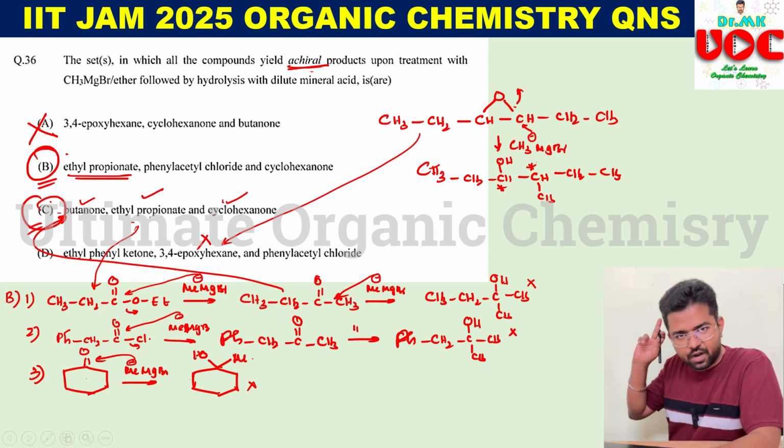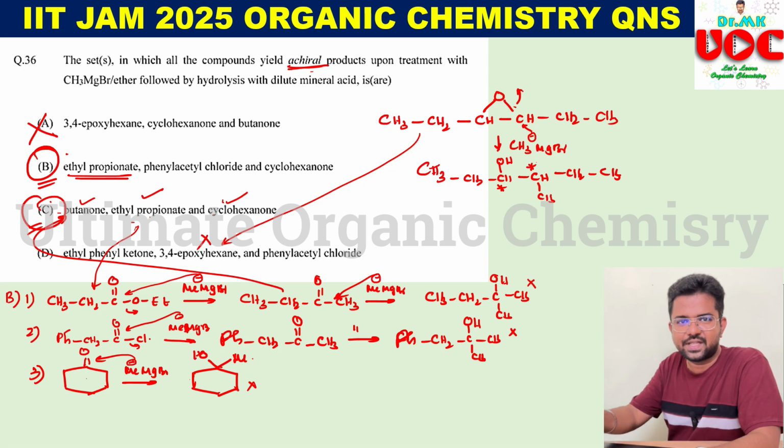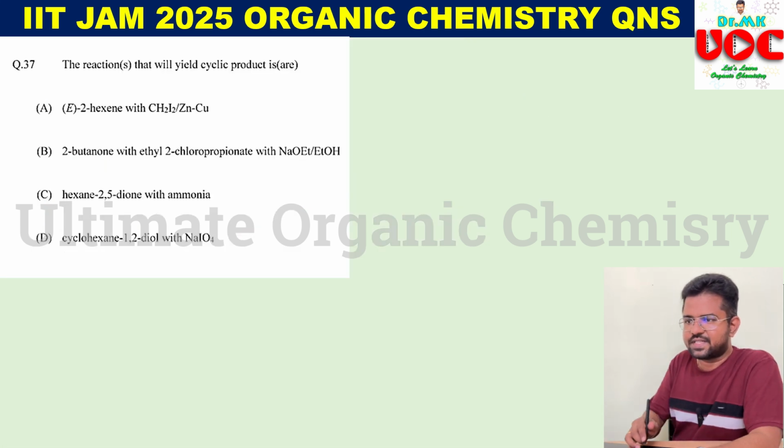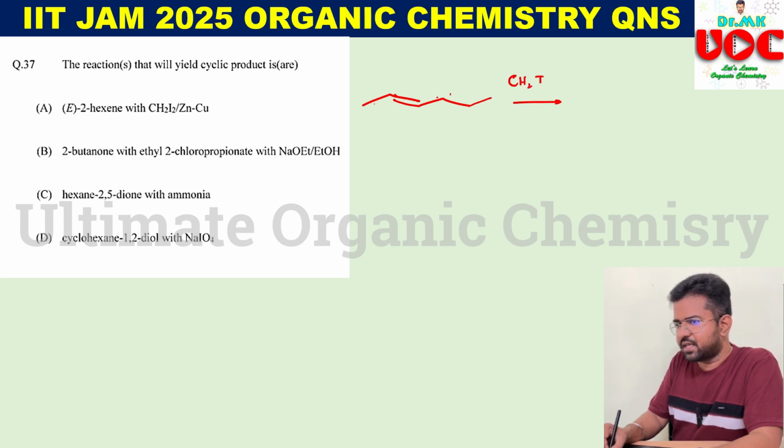You need to work out all the cases. So that is why this question is a little tough. Next question, the reactions that yield cyclic product are, okay, so that is 2-hexene. One, two, three, four, five, six. Now this molecule is reacting with CH2I2, zinc-copper couple.